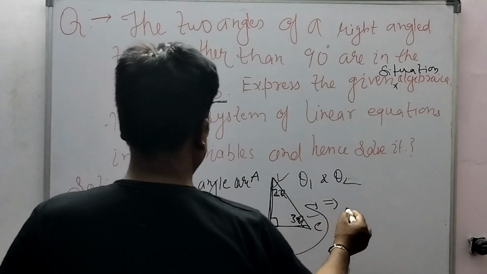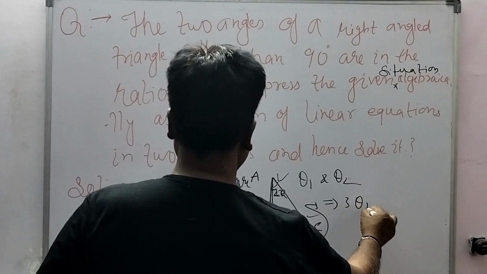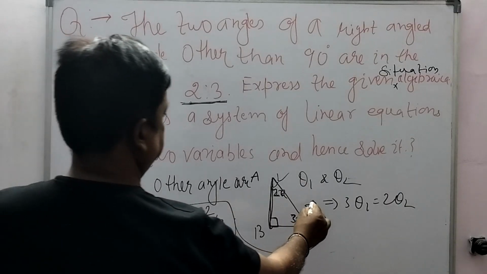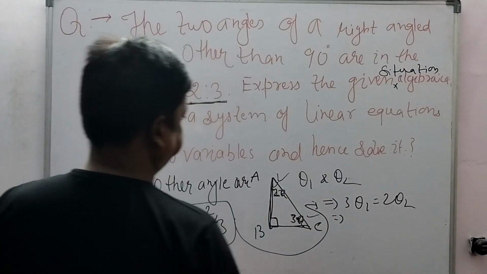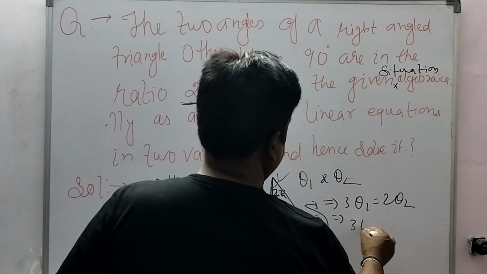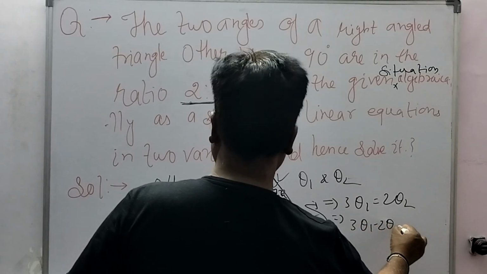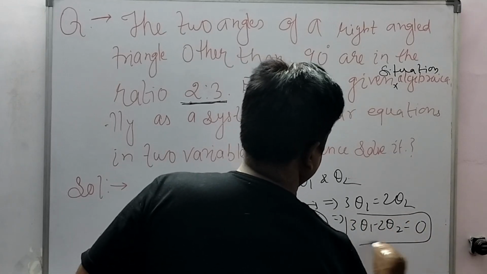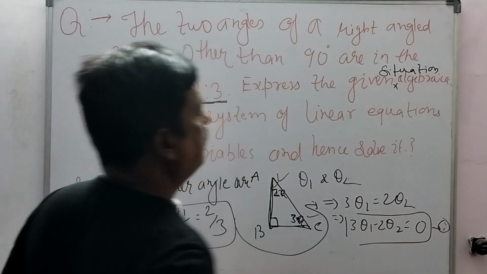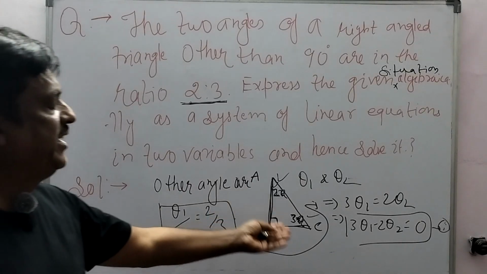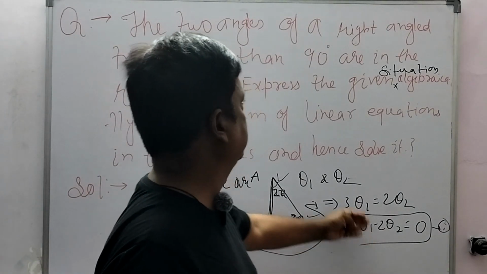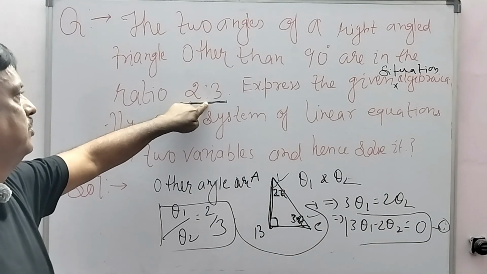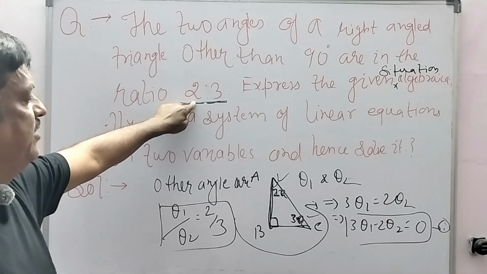In a simple way, 3 theta 1 equal to 2 theta 2. Same condition. That means 3 theta 1 minus 2 theta 2 equal to 0. That is one linear equation. How did we get this linear equation using the information that the other angles are in ratio 2:3?